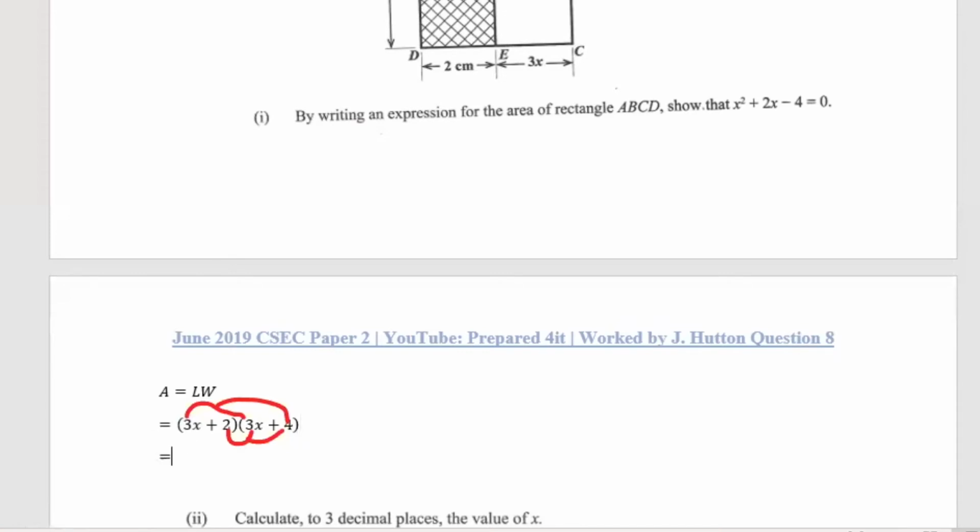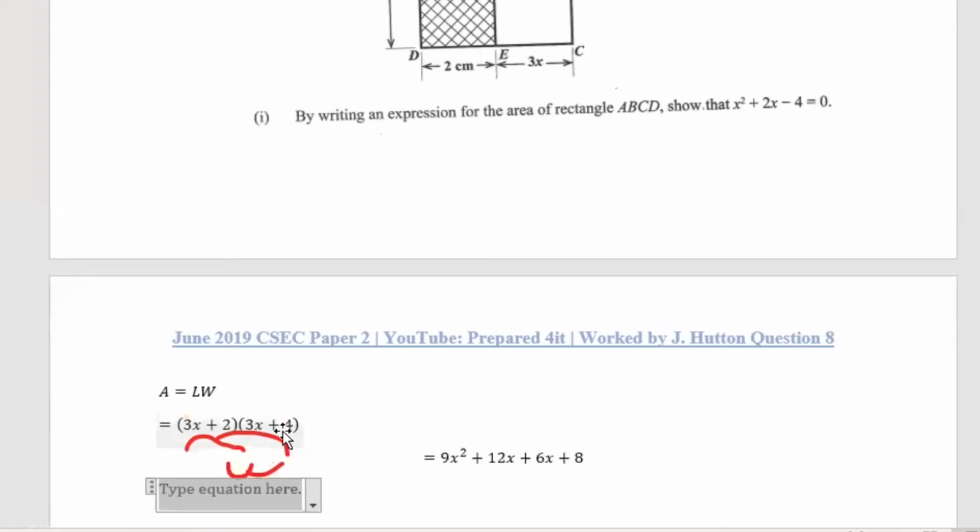So 3x multiplied by 3x will give us 9x squared, and then 3x multiplied by 4 will give us plus 12x, and then 2 multiplied by 3x will give us 6x, and 2 multiplied by 4 will give us 8.